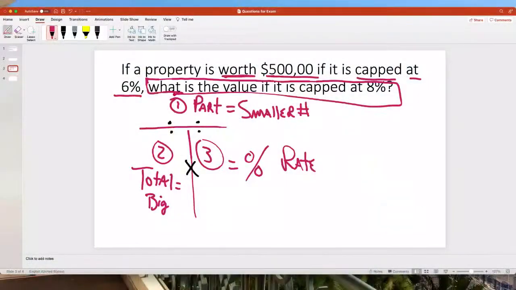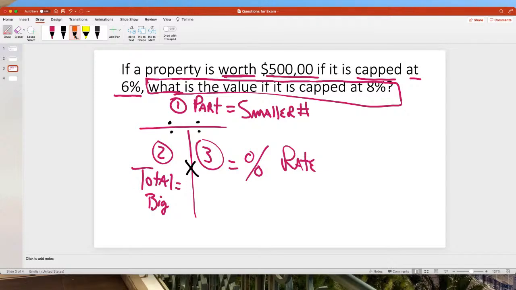So let's go back over here to our problem, and I'm going to see if I can pick a different color. Let's do orange, and let's make this a little smaller so that I can write inside here.